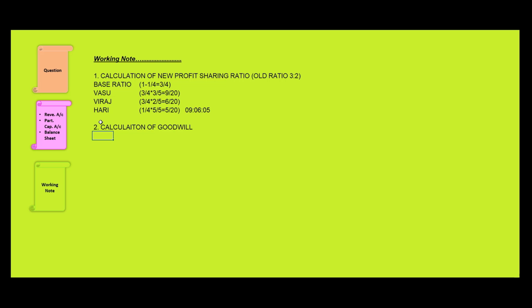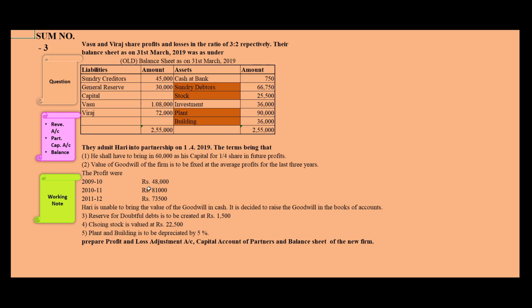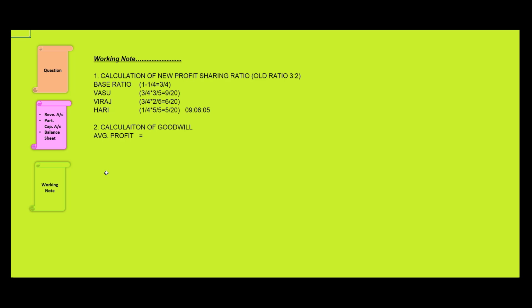So we'll take average profit. Average profit is 48,000, 81,000, 73,000. 48,000 plus 81,000 plus 73,500.